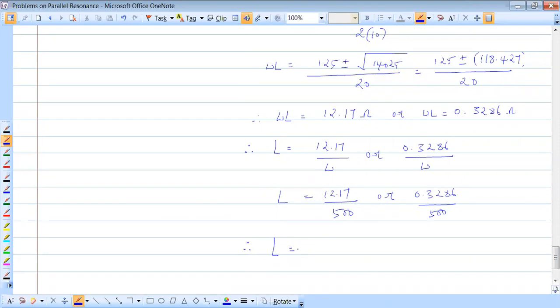L is equal to 24.3534 millihenry, or 0.6572 millihenry. So this is our L, for which the circuit would resonate.